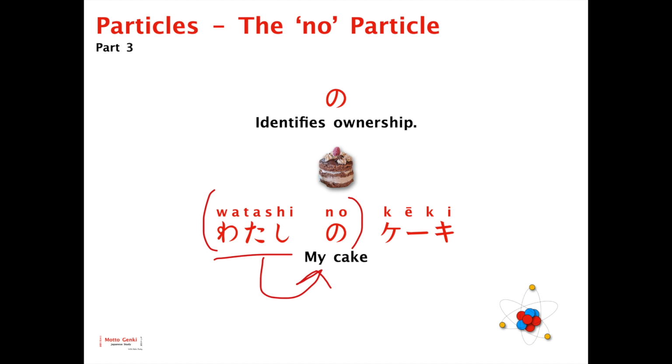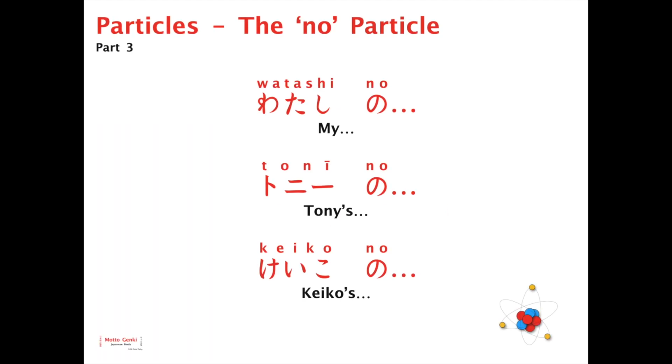Watashi is I, no is the ownership part of the sentence. Watashi no keiki, my cake. So that could be watashi no, my, Pony no Tonys, Keiko no Keikos.